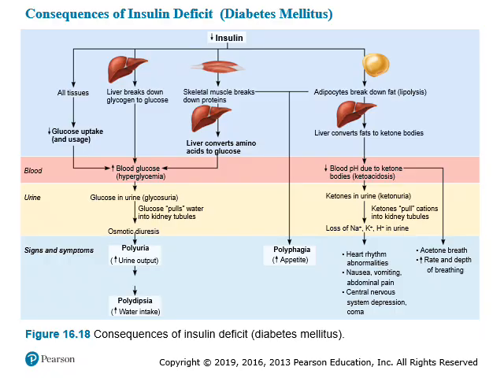Therefore, you will have ketones in the urine, which is ketonuria. The ketones pull the cations into the kidney tubules. Therefore, you're going to have increased loss of sodium ion, potassium ion and hydrogen ion in the urine. This can cause ketoacidosis.